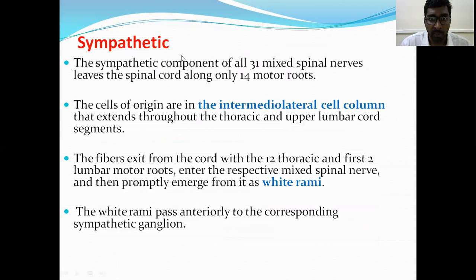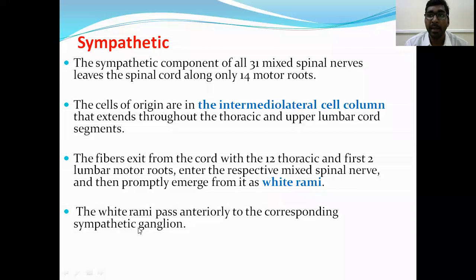The sympathetic component of all 31 mixed spinal nerves leaves the spinal cord along the nerve roots. I told you spinal sympathetic output is mainly thoracolumbar. The fibers exit the cord within the first 12 thoracic and first 2 lumbar nerve roots, enter the respective mixed spinal nerve, then promptly emerge as white rami. The white rami pass anteriorly to the corresponding ganglion.